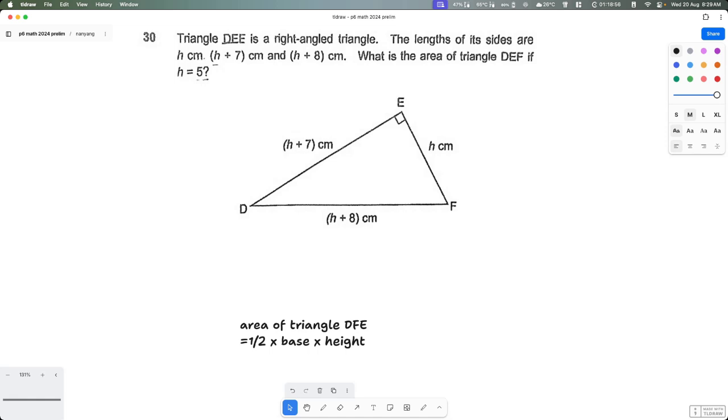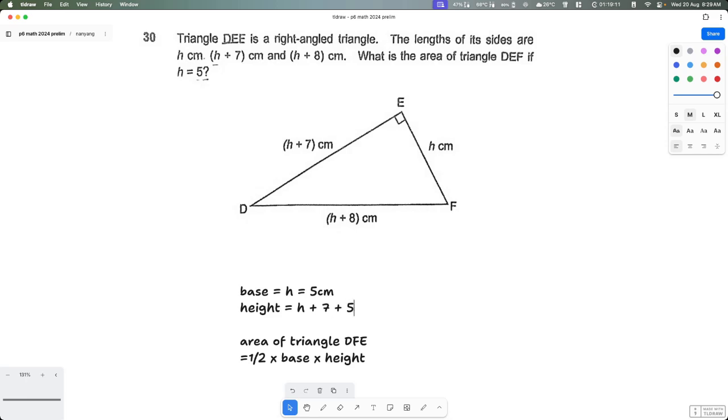The base, I'm assuming, is just h, which is equal to 5 centimeters. And the height is equal to h plus 7, which is 5 plus 7, equal to 12 centimeters.